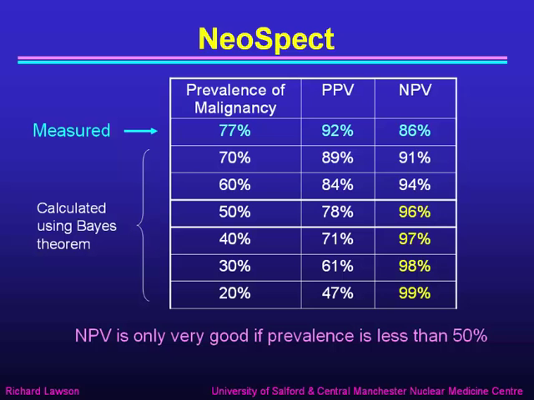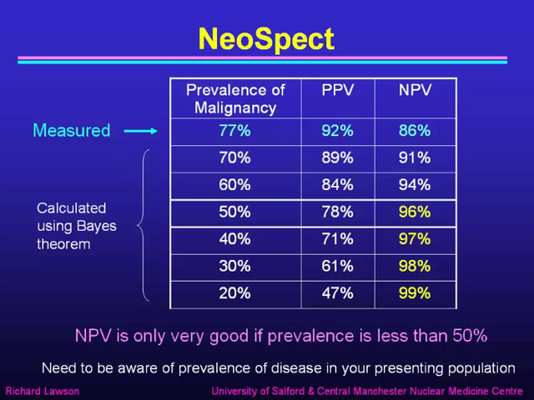So they've used Bayes' theorem to estimate what you would get in your population based on what they got in their study. That's what I mean by being able to extrapolate positive and negative predictive values to different populations.